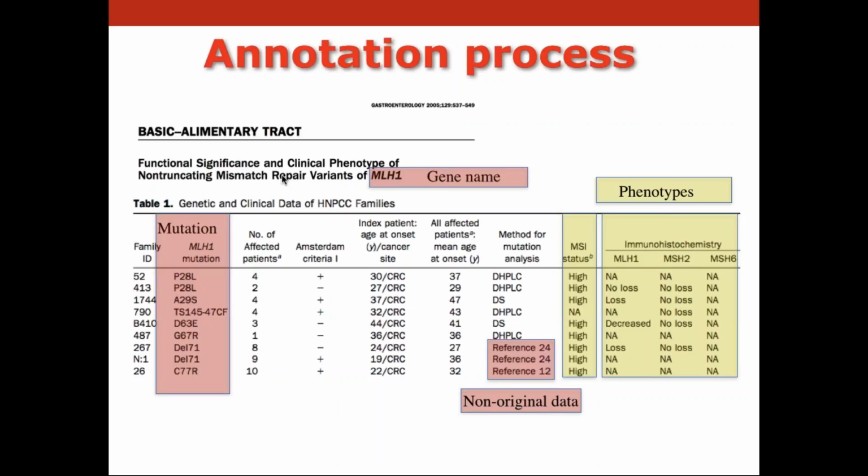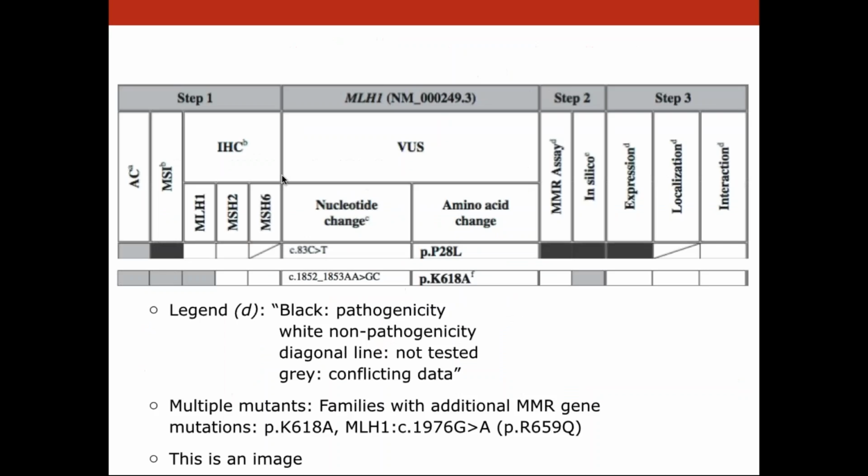If it's cited in a secondary publication, we don't capture it, because otherwise it would give artificial weight to the assertion because it's been found X number of times. So I think it's very important that anytime something has been shown, that data doesn't get duplicated in the annotation process.